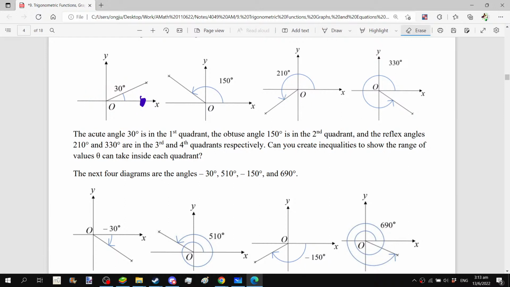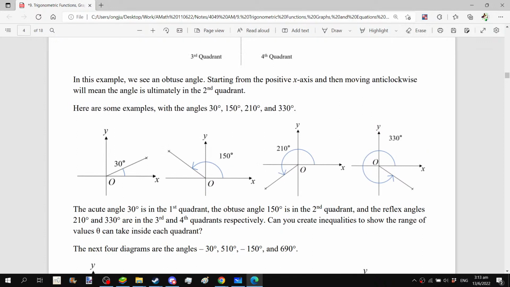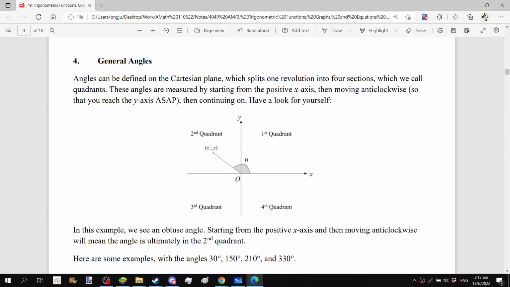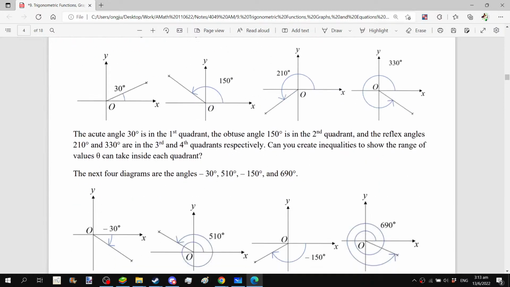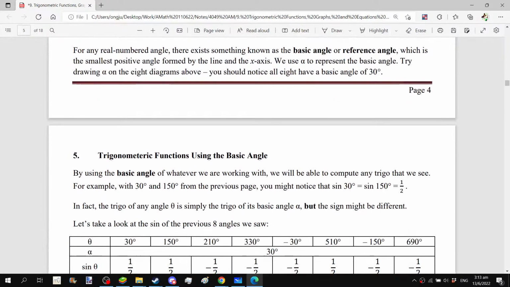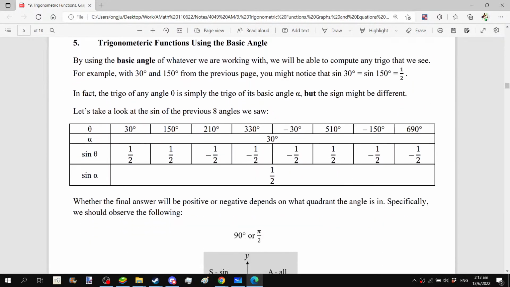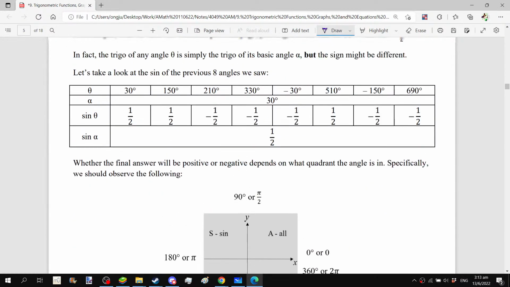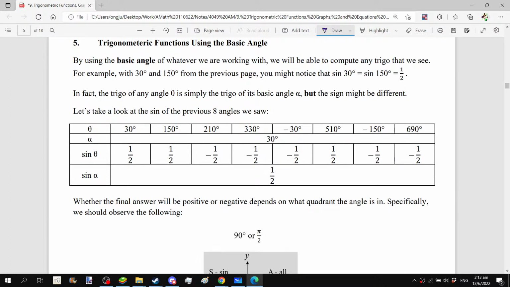So you have all these pictures here as an example. Whenever you have these kinds of rotations, we need to bring up the concept of something known as the basic angle. So what we mean by basic angle is that the basic angle is essentially going to be a specific angle that will allow you to find the value of any trigo function when you put it into the calculator.